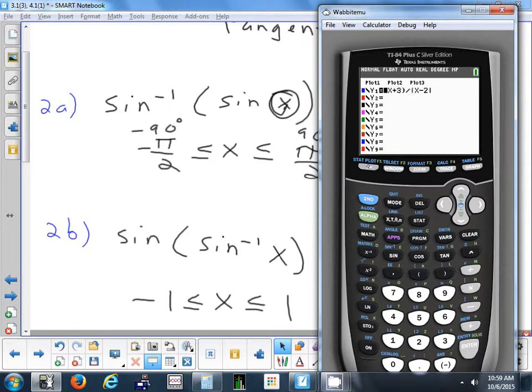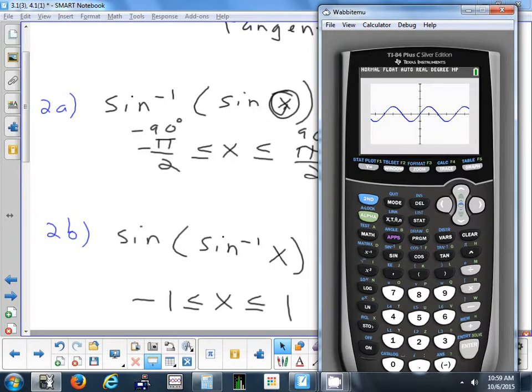And let me show you what sine looks like again. Okay, that's what sine looks like. What's the highest that it looks like it goes? 1. And how about the lowest? Negative 1. That's where this 1 and negative 1 is coming from. It's how high and low sine goes.